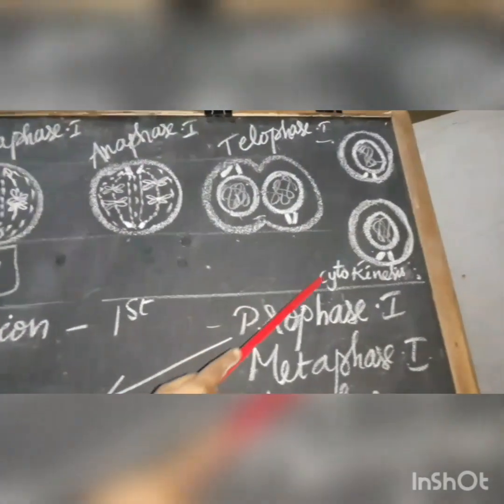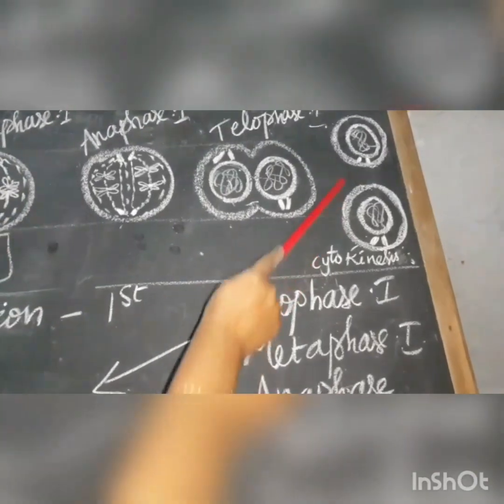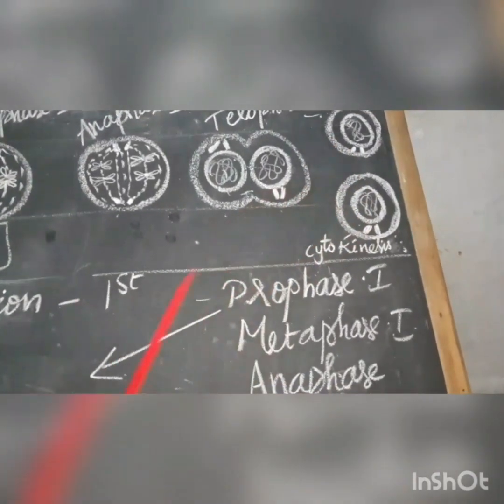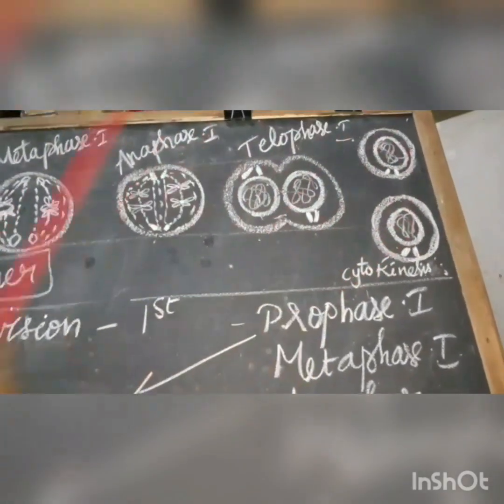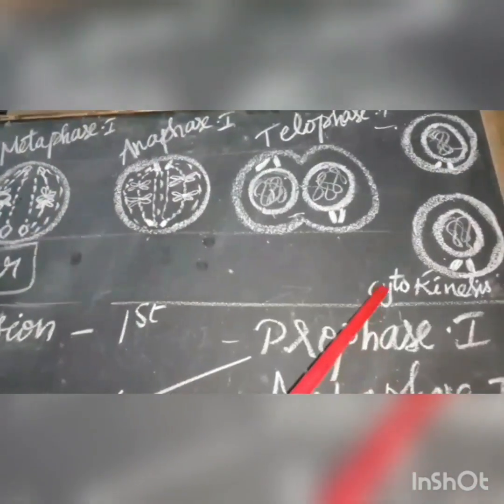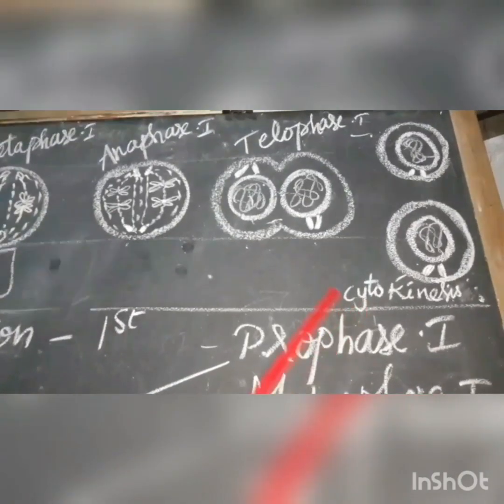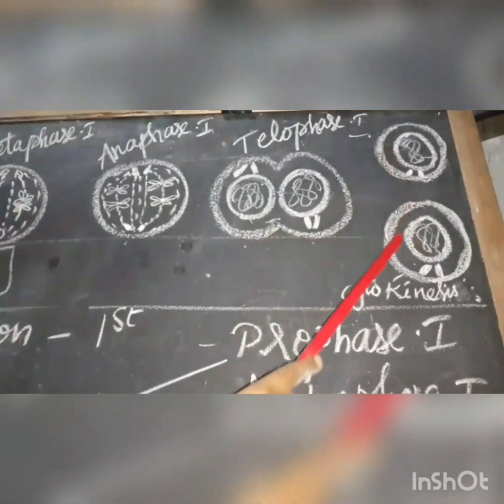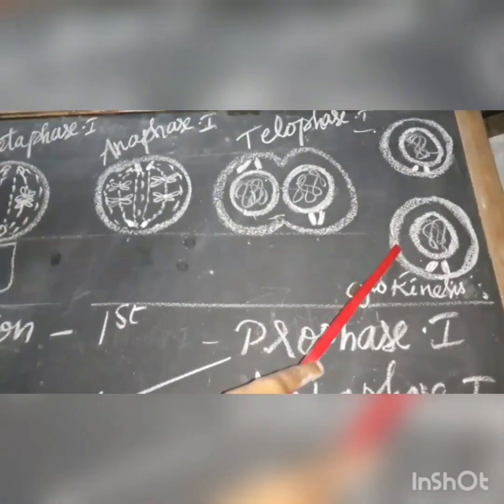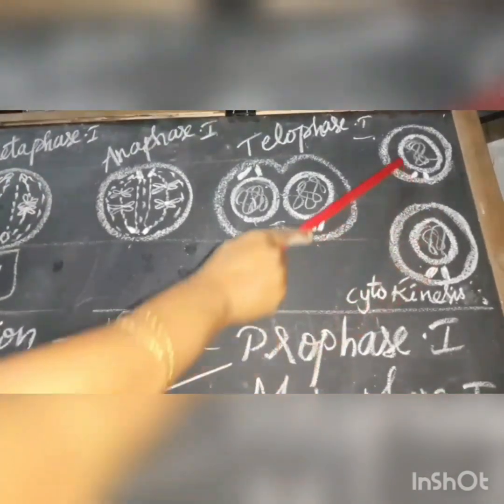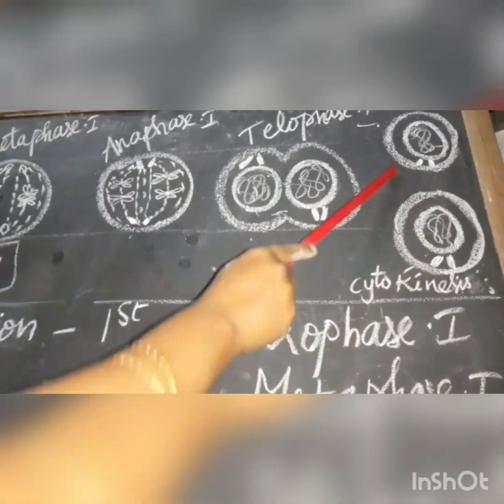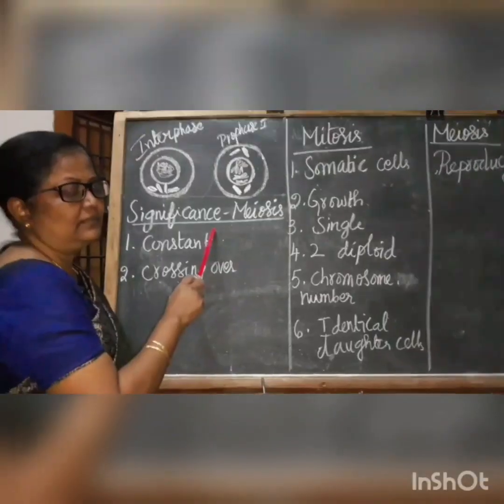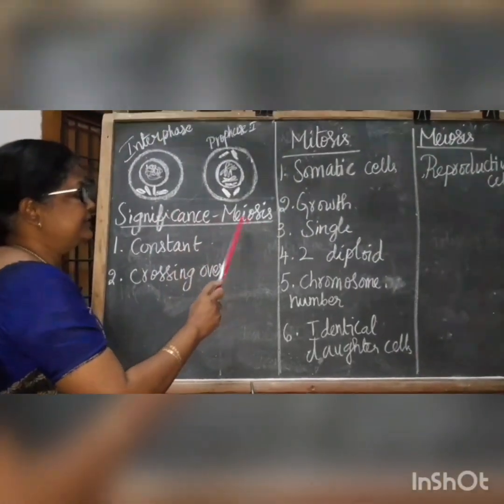The last one is the cytokinesis. The cytoplasmic division occurs. As a result, two haploid cells are formed. Significance of meiosis.